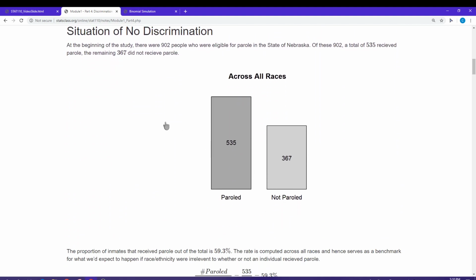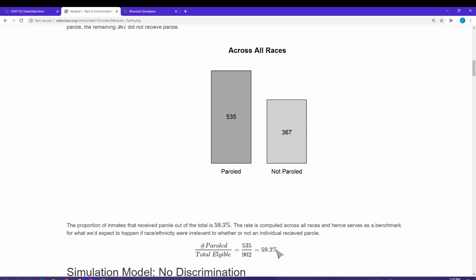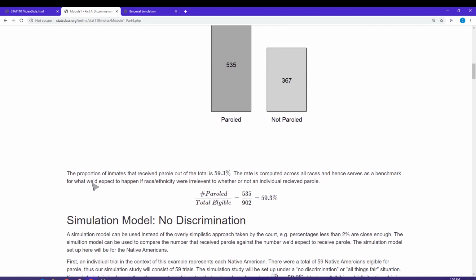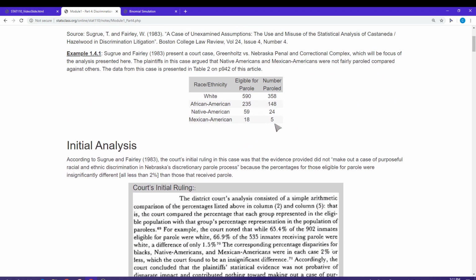Of these 902, 535 received parole. That is about 60% of the individuals. Certainly more were paroled than not. The proportion of inmates that received parole was 59.3%. Now, this number is ignoring race. So if there is no impact of race, I should expect about 60% to receive parole.